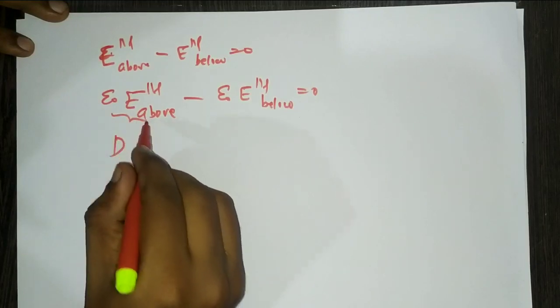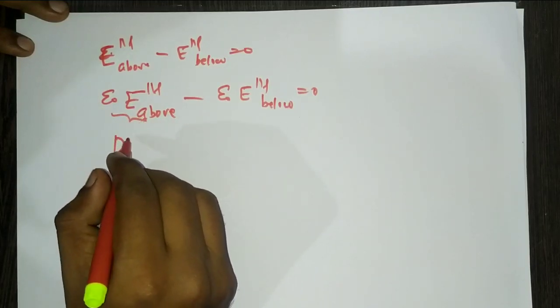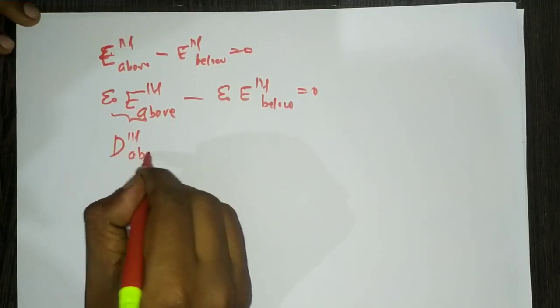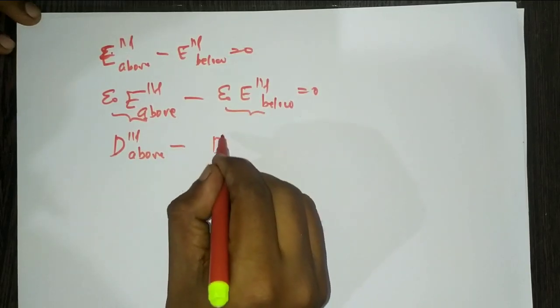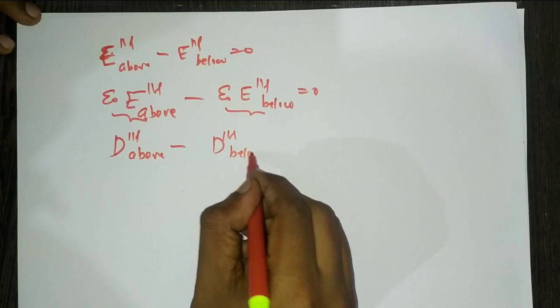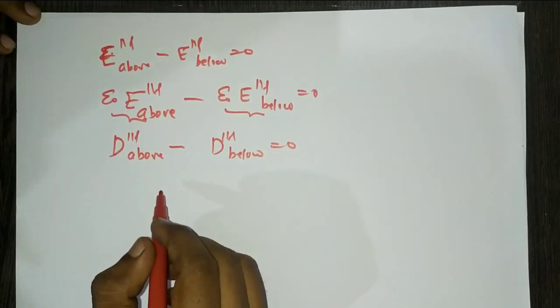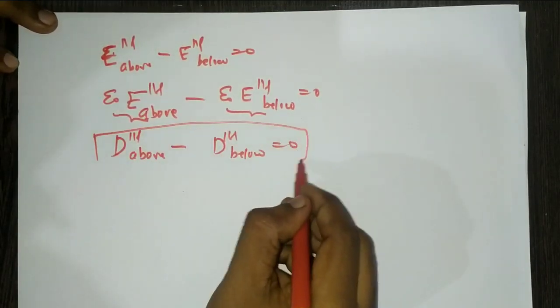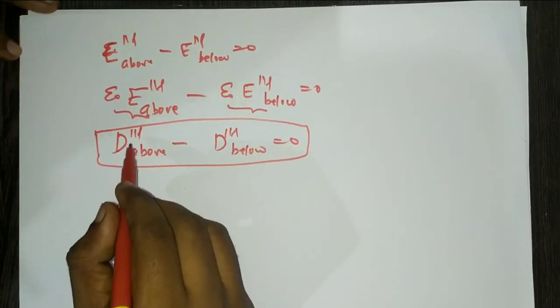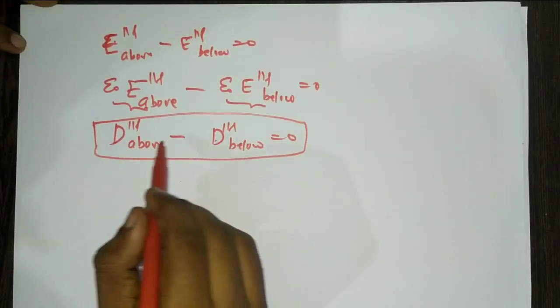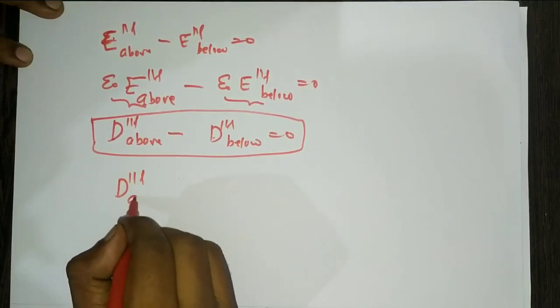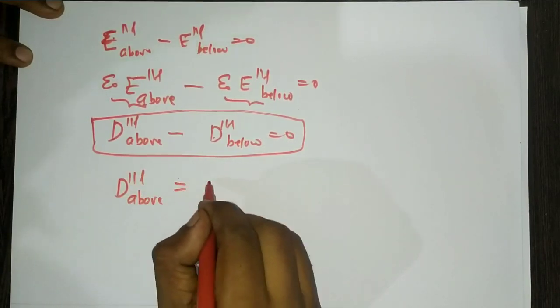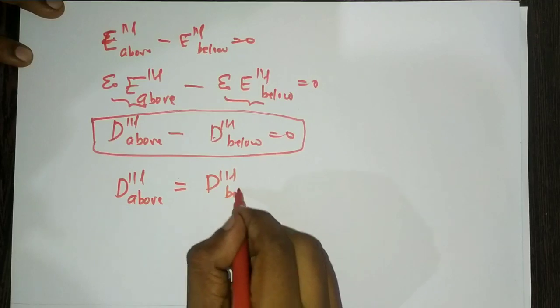This is nothing but the electric displacement vector: D parallel above minus D parallel below is equal to 0. The meaning of this expression is that the parallel component of the electric displacement vector is continuous. Therefore, I can write D parallel above is equal to D parallel below.